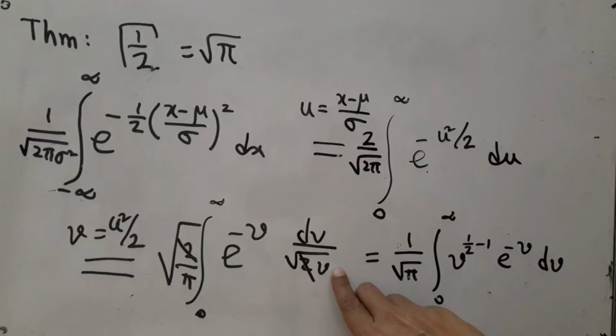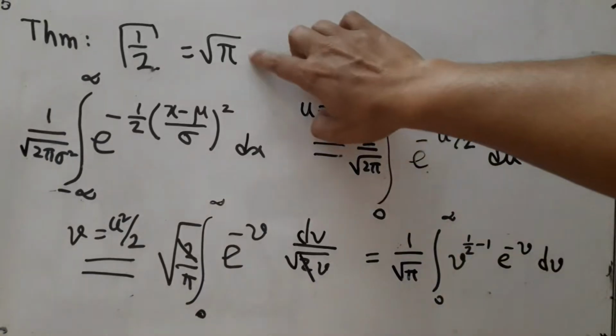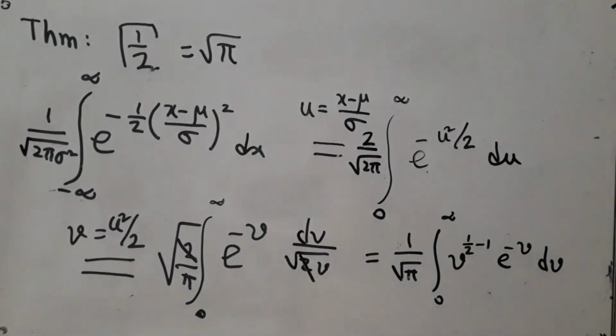I had a root v downstairs, so it was v to the power minus half, which I have written as half minus 1, e to the power minus v times dv. Now this I quickly recognize as my gamma of half. Gamma of half is root pi, so the two root pi's cancel, and I am left with 1 as I wanted to get.